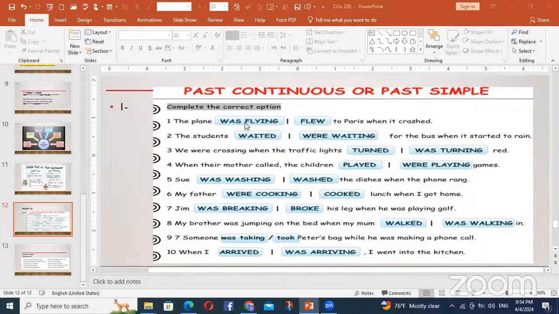Yalla, number three. We were crossing when the traffic lights turned or was turning red.